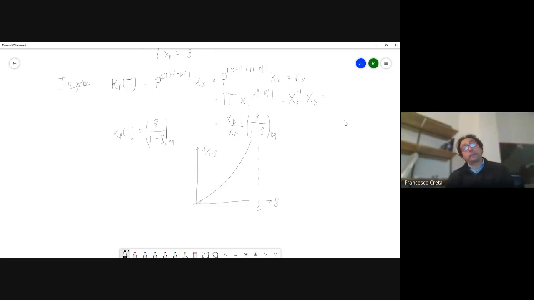Now, when is it that this function is equal to this constant? So I will just say that this is the constant Kp of T. And so clearly, this point here is the equilibrium point. It's when this graph is equal to this number here.